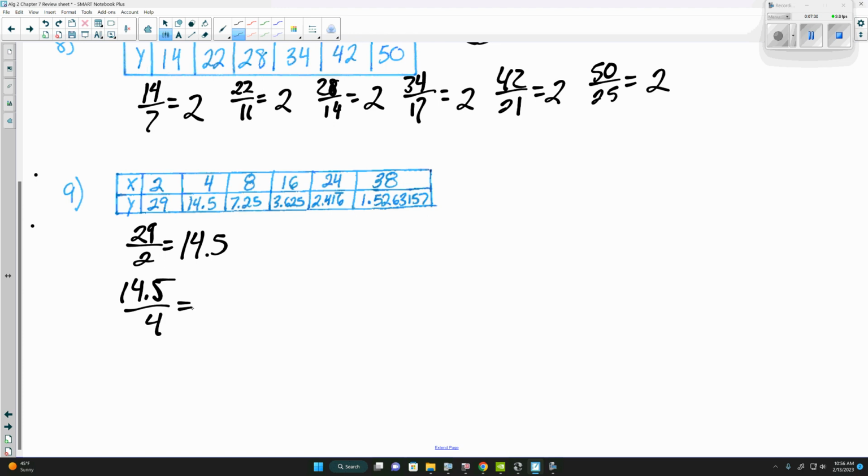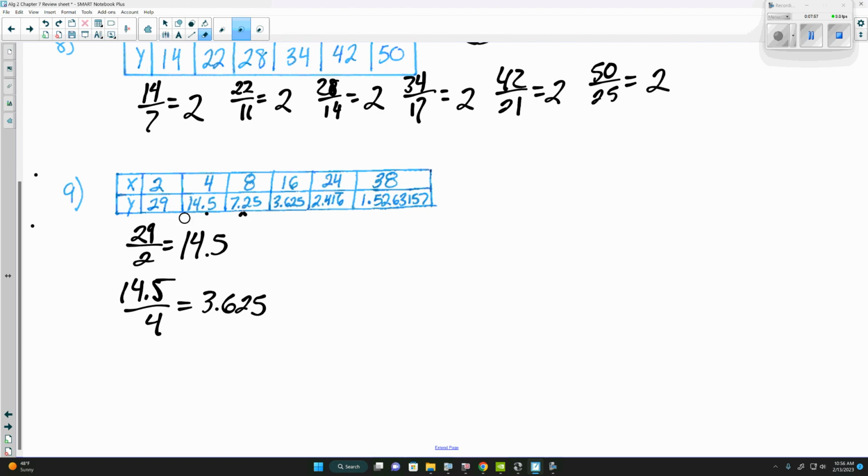No, I don't even need to calculate it. We could plug it in a calculator and get 3.625 as the answer. And no, I didn't do that in my head. I more or less cheated off the table, because that's half. So half of that is that, so twice that.